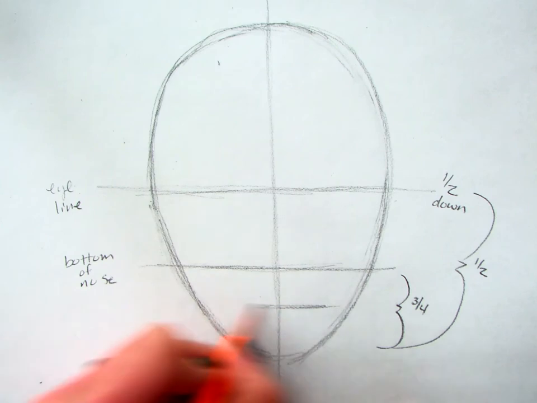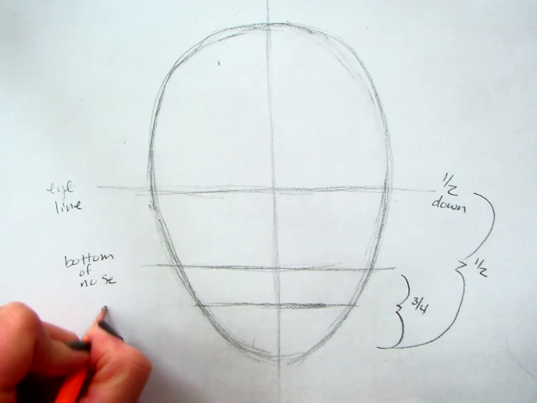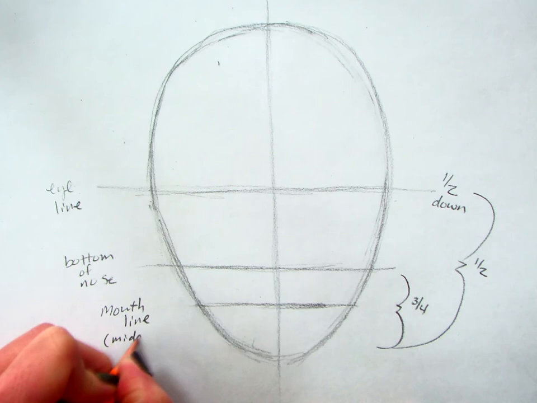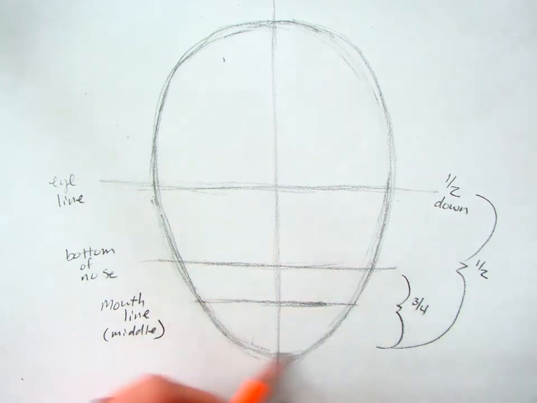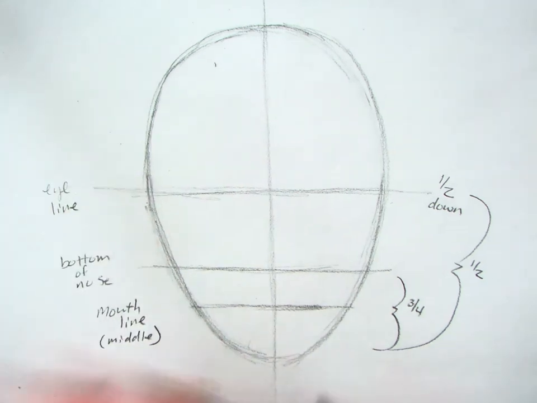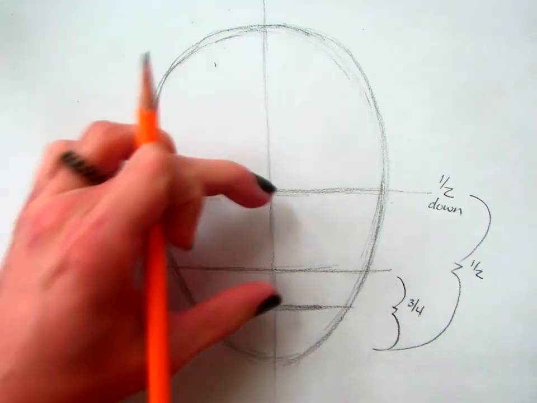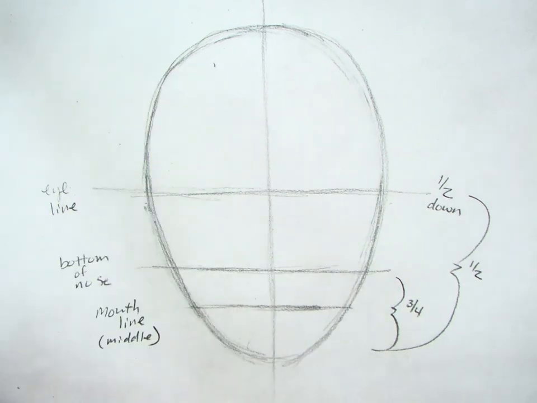This is where our mouth is going to go, and this is the mouth line, the middle of the mouth line. Our chin and our jaw are going to be determined by the person, so that might change, and everybody's proportions might be a little bit different. Maybe they have a shorter nose or more space between their nose and their lip because they've got a longer face. This is just a basic blueprint of the layout.